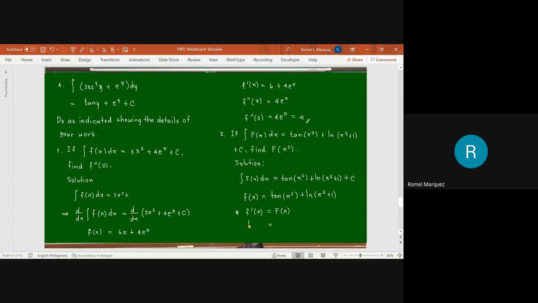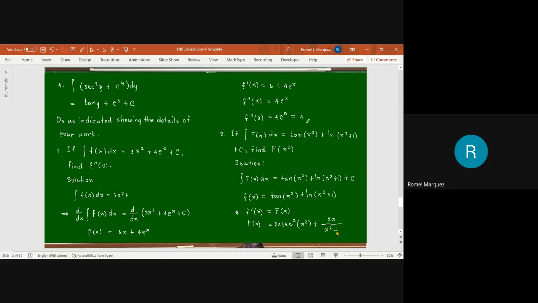The derivative of this is equal to the derivative of the inside, that is 2x, over x squared plus 1. Okay? So, we can now find capital F of x squared. Just replace everything that is x in the capital F of x by x squared. So that is your capital F of x squared.